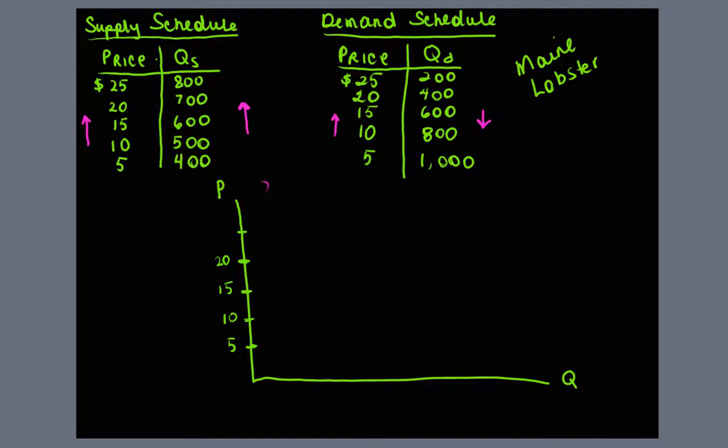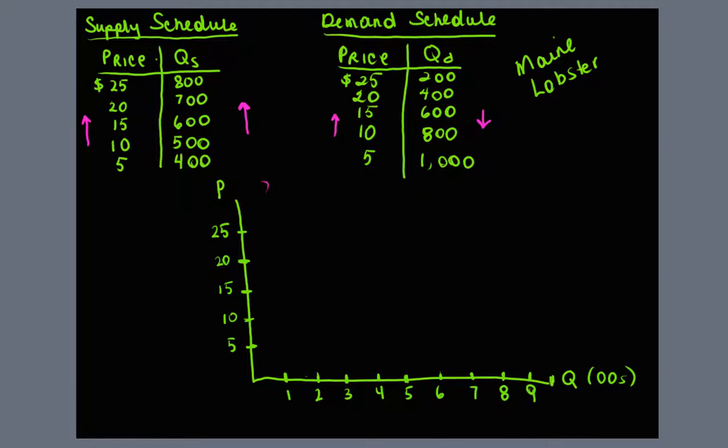Then on the horizontal axis, let's say we are talking in hundreds. So this is 1, this is 2, I'll continue, and cut it short a bit.